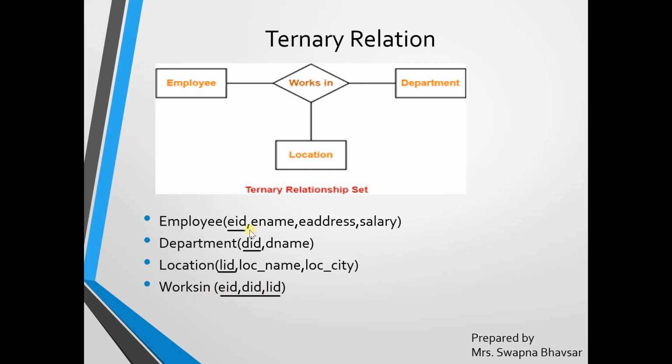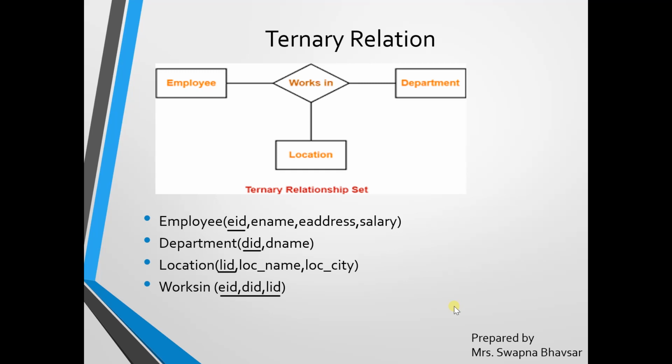Many to many union of all primary keys EID, DID, LID. This is schema definitions for strong entity sets and one relationship sets. Now I will show you how to convert these schema definitions into table.